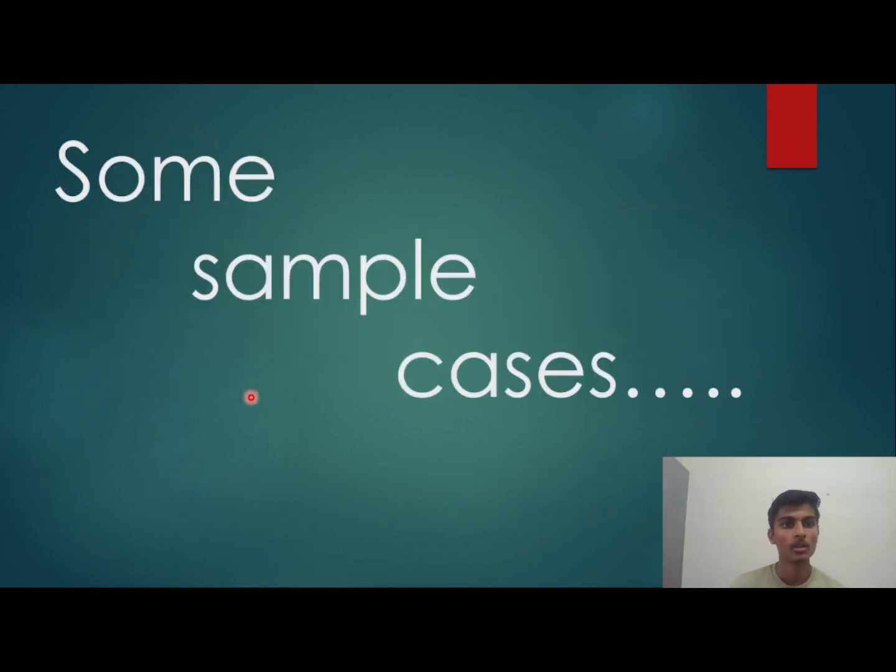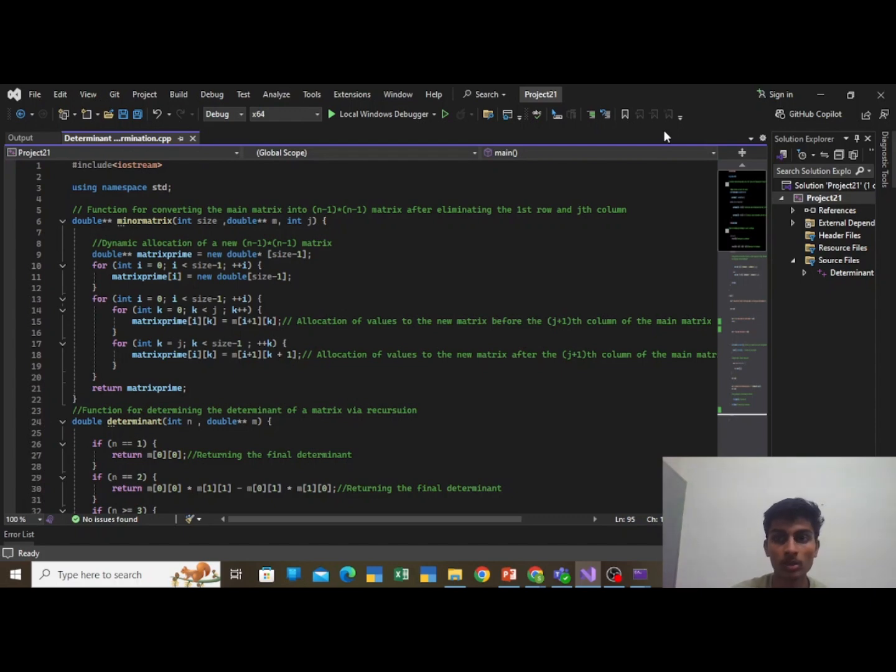Okay, now let's see some sample cases. Now that we have done with the code, let's see the final code and some final solved cases solved by our code in the display. So here's the main code.